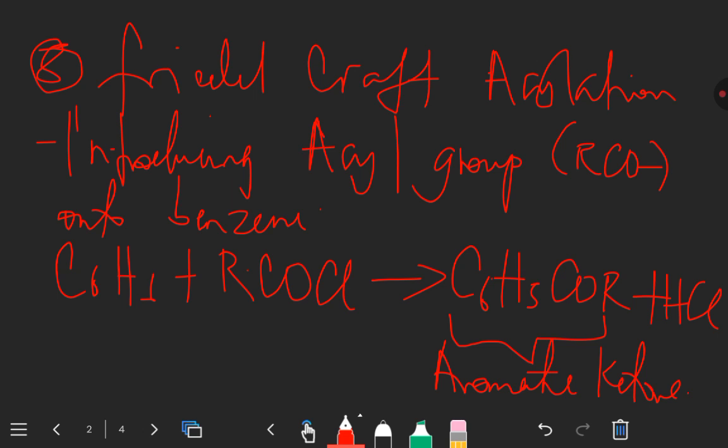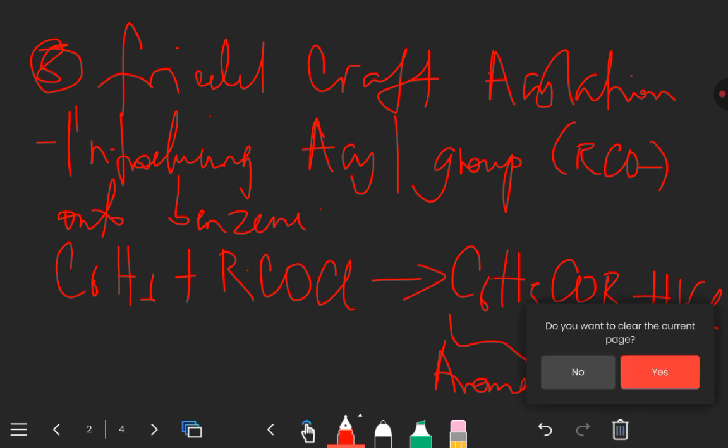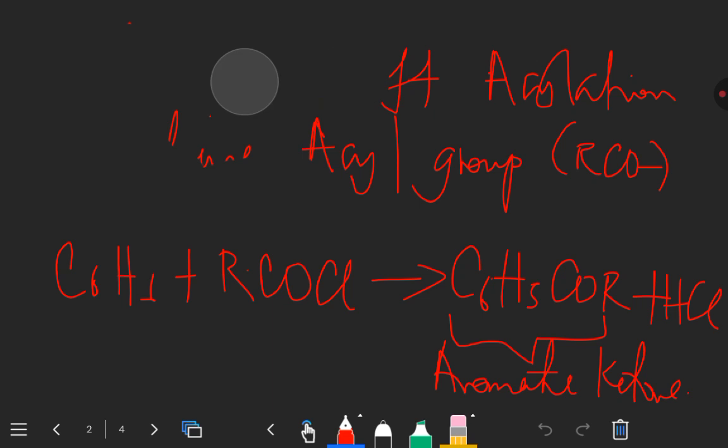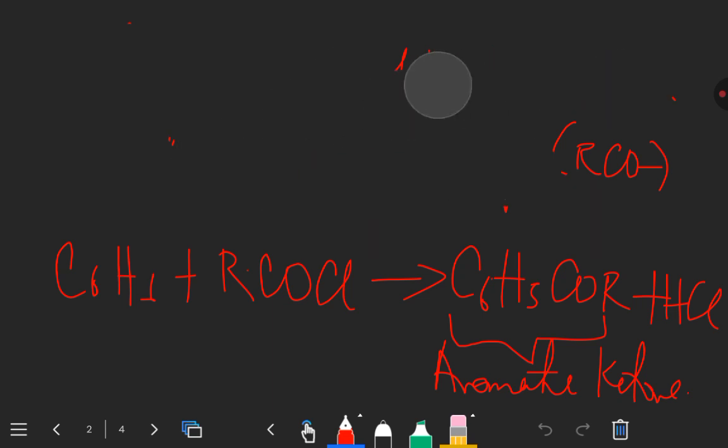Okay, then if we are to show it using chemical structures, the reaction takes place in this manner.